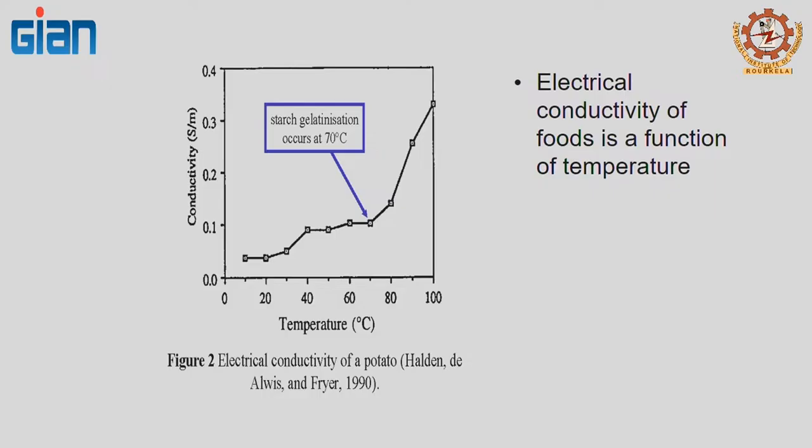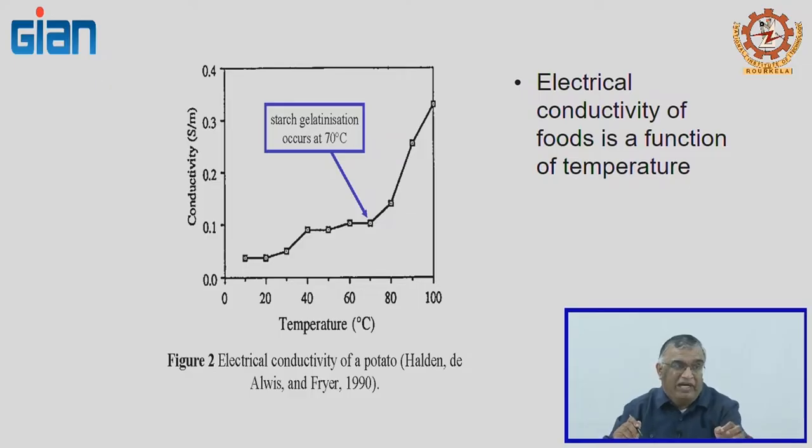So this slide is just to illustrate what happens when you are heating potato with ohmic heating, or in this case starch with ohmic heating. So you start at 25 degrees Celsius or 20 Celsius, you have a certain low value here, and then as you warm, you can see that the conductivity increases from say 0.05 to say 0.1. Then it is relatively stable from 40 to 70 Celsius.